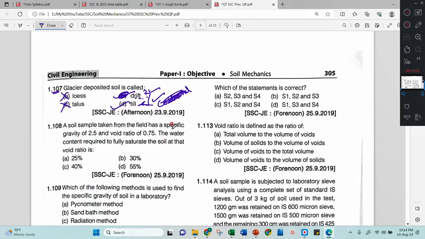Next, field specific gravity, void ratio, water content, fully saturated. Okay, you can answer this one. Soil has a specific gravity G equal to 2.5. Void ratio e equal to 0.75. Water content of fully saturated, S equal to 1. Then w equal to eS by G, so e by G, S gone. e is 0.75 by G 2.5.